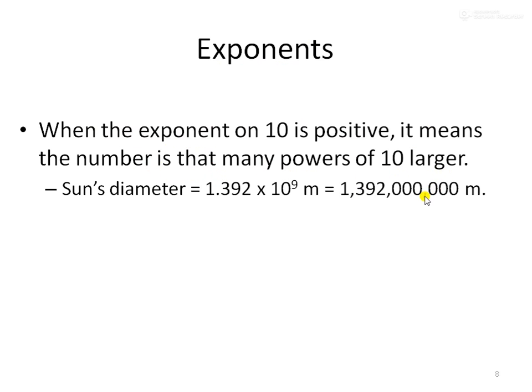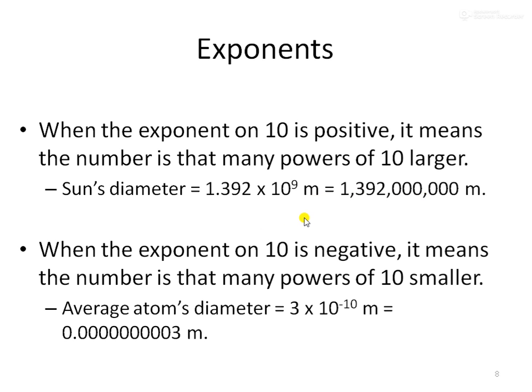So the higher the positive power you get in scientific notation, the higher the value of that particular measurement. Similarly, if the exponent is negative, it means that the number is that many powers of 10 smaller.